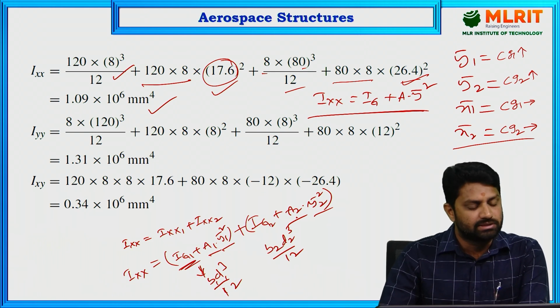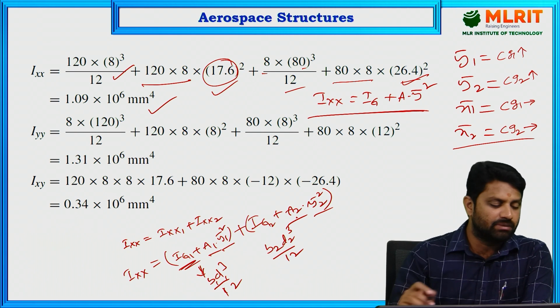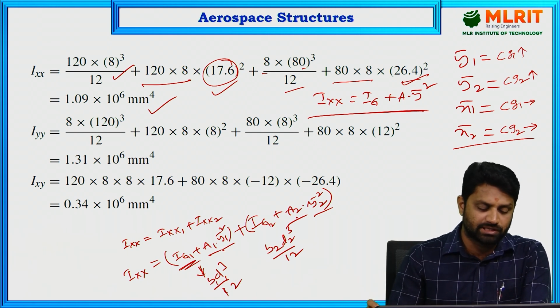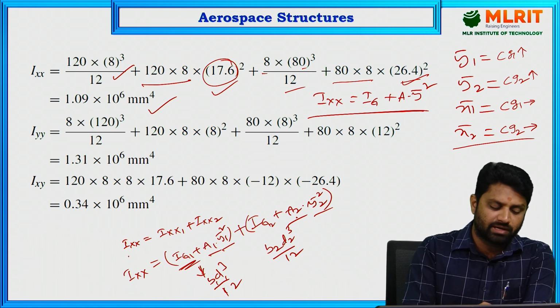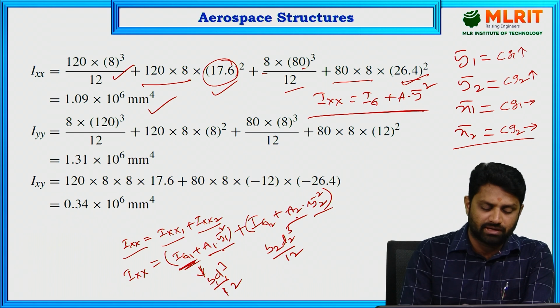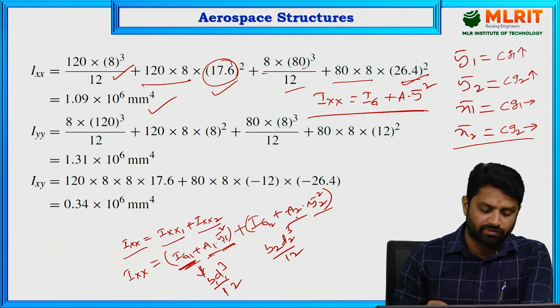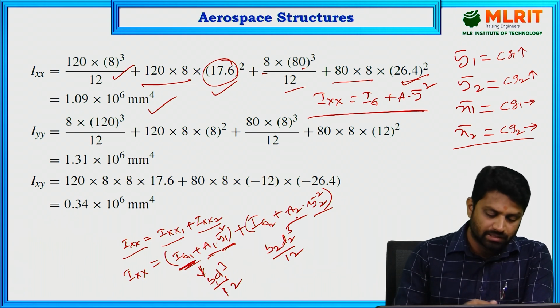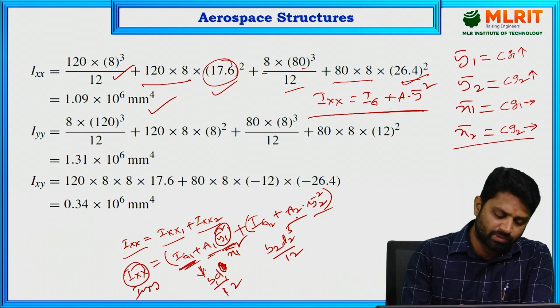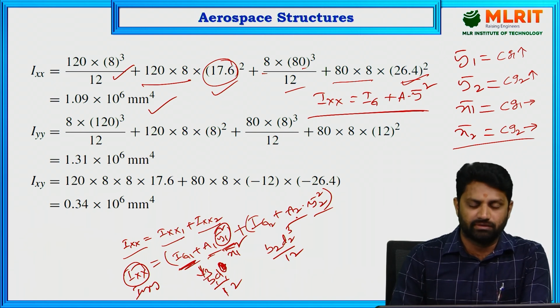Okay, similarly Iyy can also be calculated by using a similar formula, except that here you are going to get slight changes. Iyy is equal to Iyy1 plus Iyy2, and here also you are going to get Ig1, but instead of A1 y1 bar square, you replace this by A1 x1 bar square, and instead of B1 D1 cube by 12, you are going to get B1 cube D1 by 12.